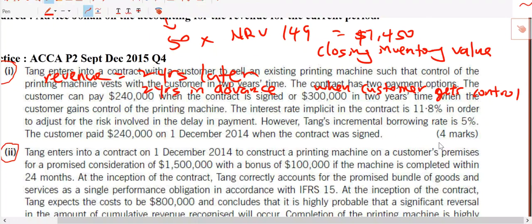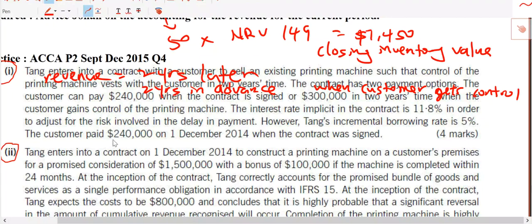So we tell the customer, if you pay 2 years in advance, you get a good discount. If you pay when you get control, then you pay the normal price, no discount, 300,000. The interest rate implied in the contract is 11.8% in order to adjust for the risks involved in the delay in payment. However, the incremental borrowing rate is 5%.